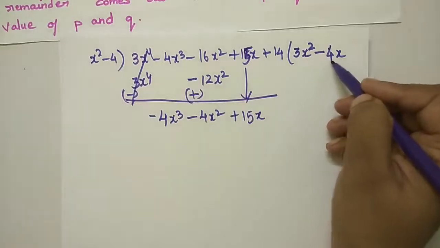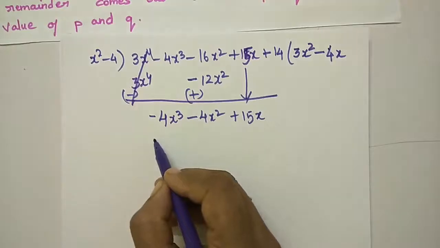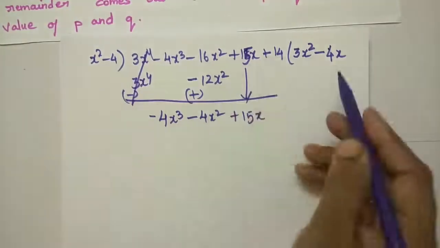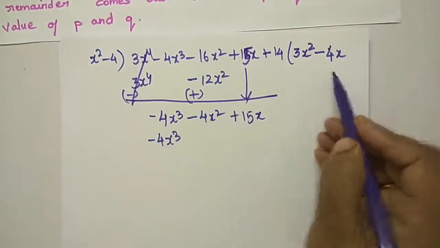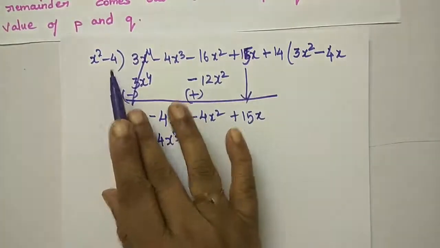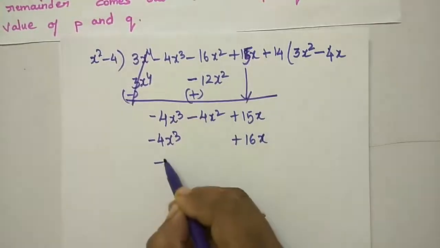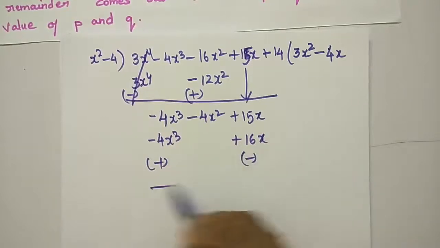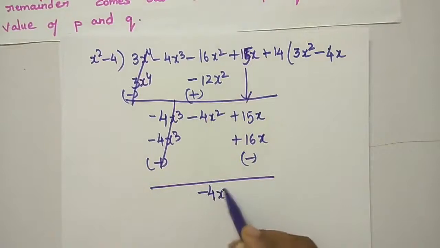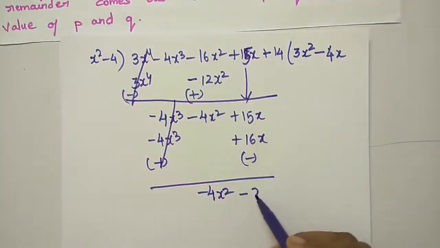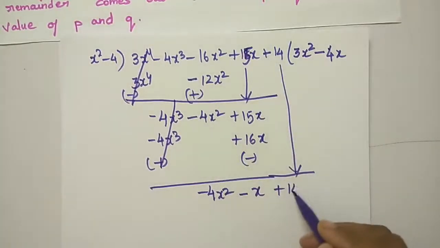So the term here will be minus 4x. Now multiply with g of x, you will get minus into plus, minus 4x into x square is nothing but minus 4x cube, minus 4x into minus 4 is nothing but plus 16x. Now change the sign. These two get cancelled. You will get minus 4x square. Here it is minus x, and bring this term down, plus 14.